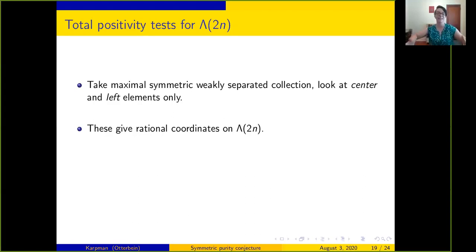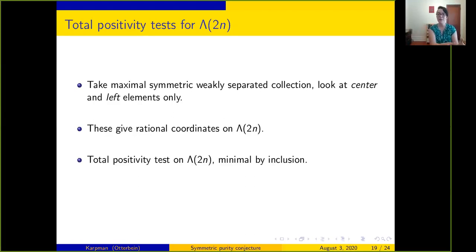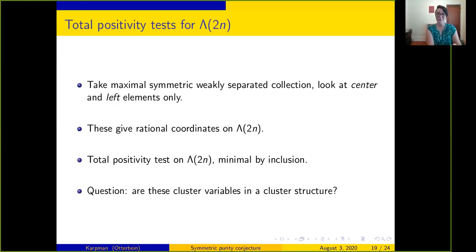The entire set doesn't. The entire set has redundancy because I've imposed some relations on the weights of my graph. But I can grab a set of coordinates by looking just at left and center elements. And those will give a nice minimal total positivity test on matrices that are isotropic with respect to this form. So the combinatorial story of total positivity and plabic networks is carrying over really nicely, I would say, to this symmetric situation.